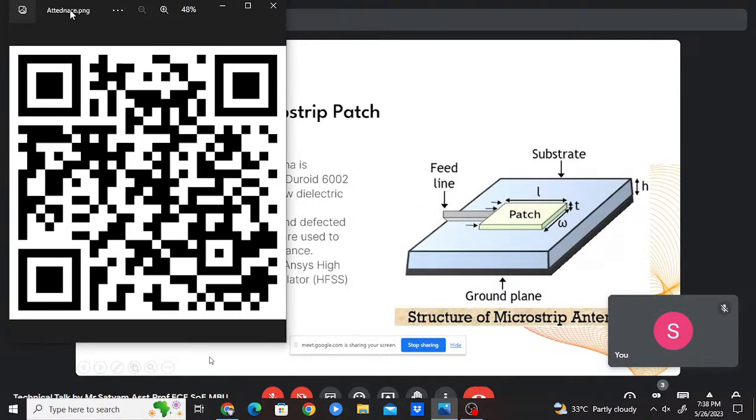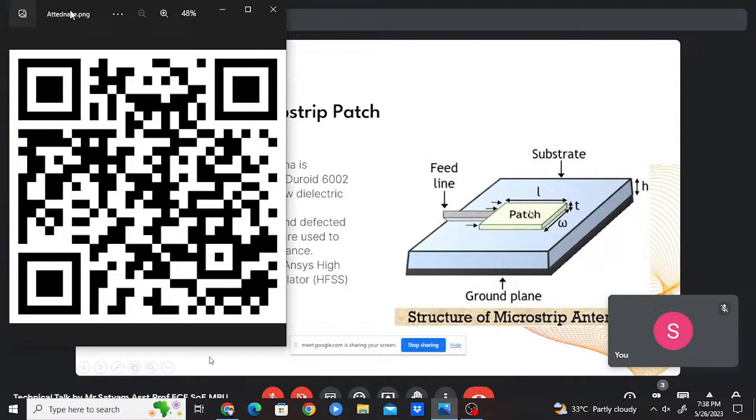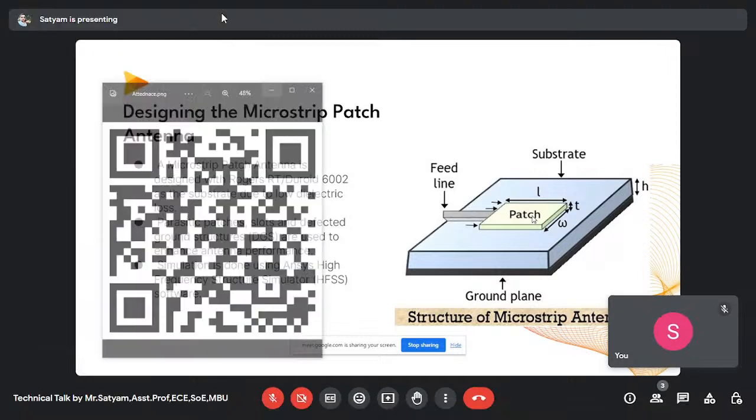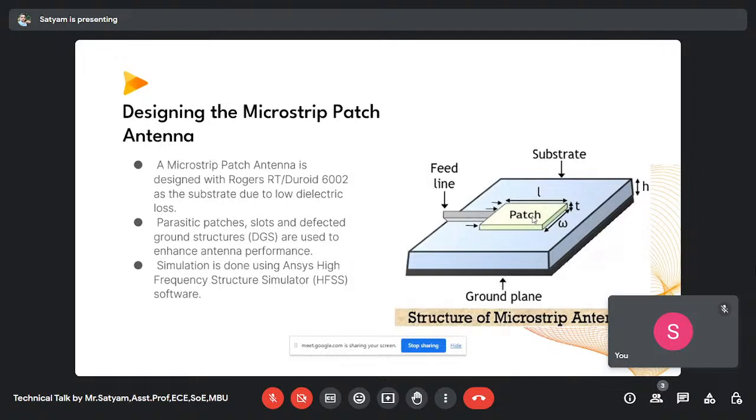Slots can be used on the patch on the top side, and cuts can be made on the ground as well. Whenever we make a cut, we add discontinuity to the structure, and radiation and gain will be enhanced, right? And the size will become more compact. I mean, we will get a miniaturized antenna, right? And then parasitic patches are like patches. Let's say here you can see a patch, but this patch is not connected to the feed.